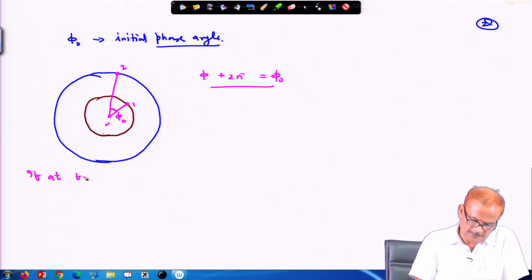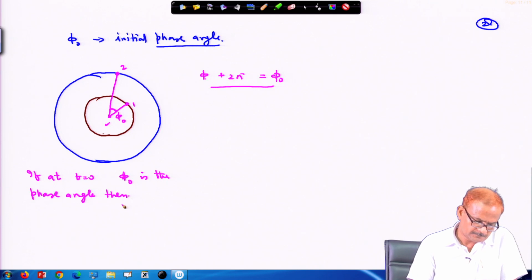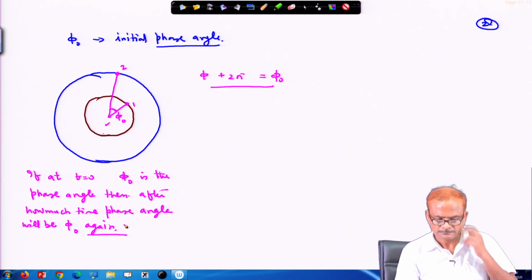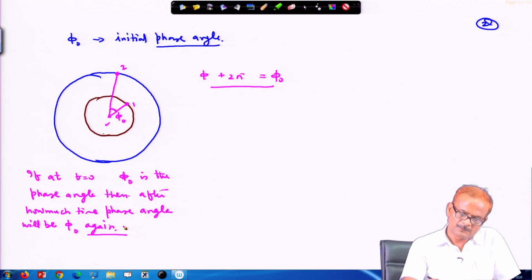If at t equal to 0, phi 0 is the phase angle, then after how much time will the phase angle be phi 0 again. So, here phi 0 is indicating the phase of 2 with respect to 1 initially.